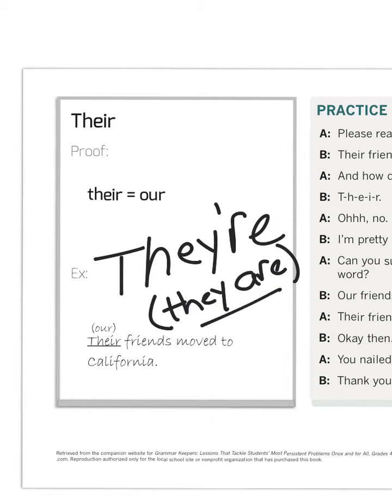Let's try reading our sentence using this proof. They are friends moved to California. Does that make sense? Absolutely not. So we know for a fact that it's not they are. That's not going to be the correct form. So we had the correct form from the very beginning.